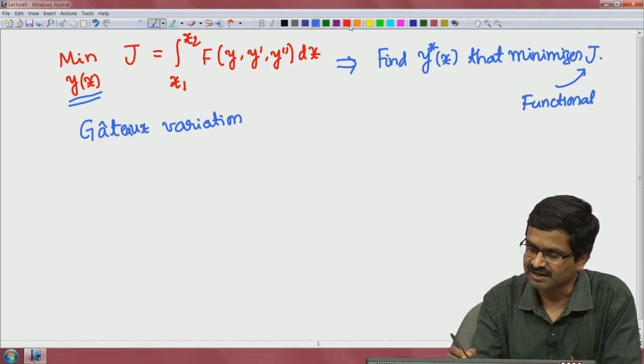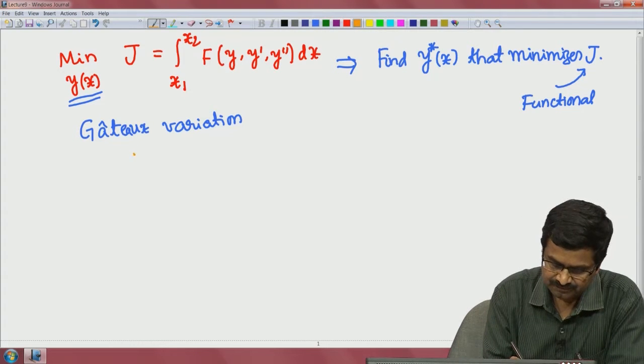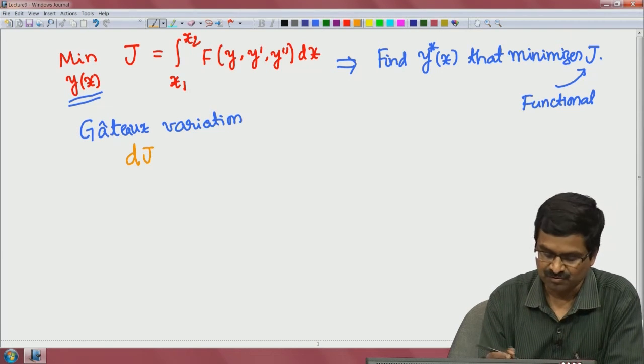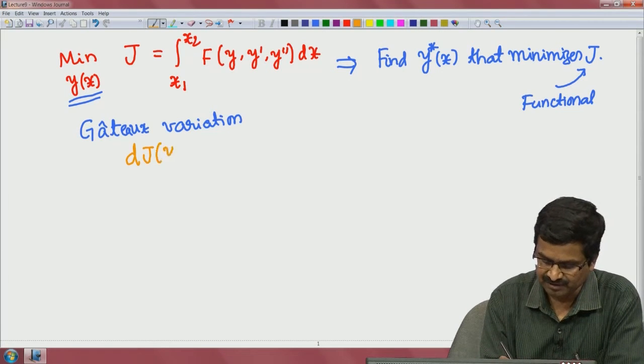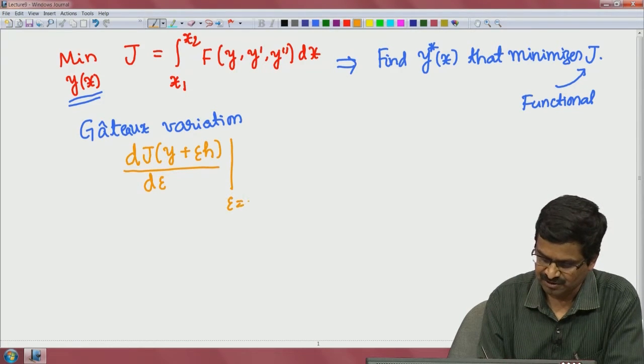So, what that meant was that we take the derivative of this functional J not defined in terms of y, but defined in terms of y plus epsilon h, and take the derivative with respect to epsilon and substitute epsilon equal to 0.